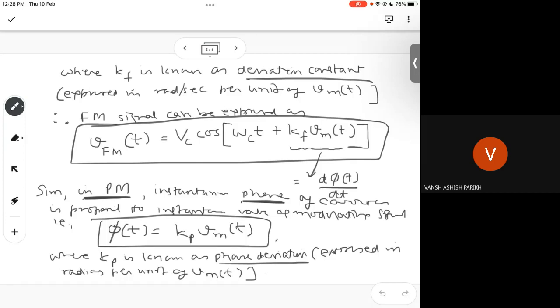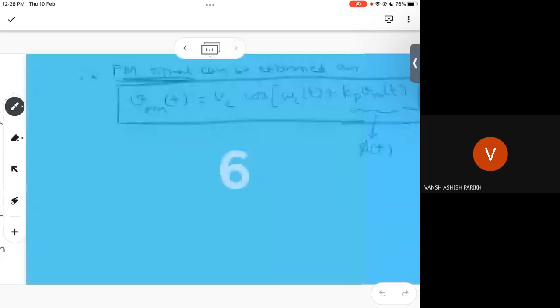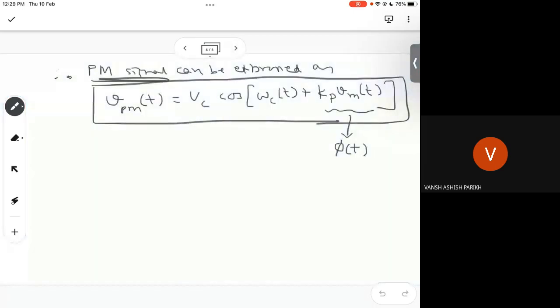Let's take this example just to understand how these units are going to work. So let's take one example. I have an angle modulated signal. Let's say I don't define what it is.